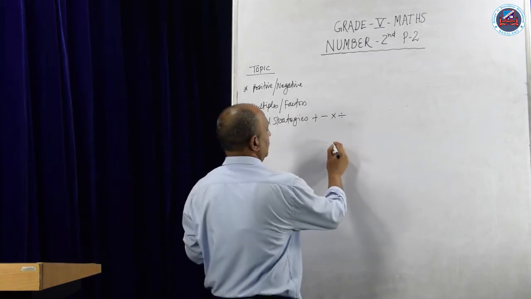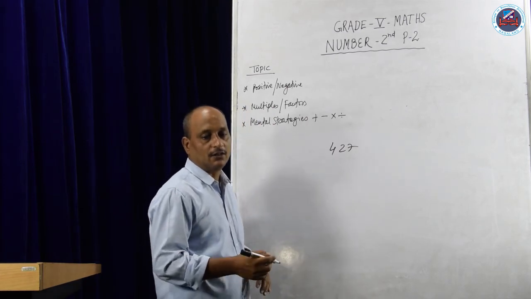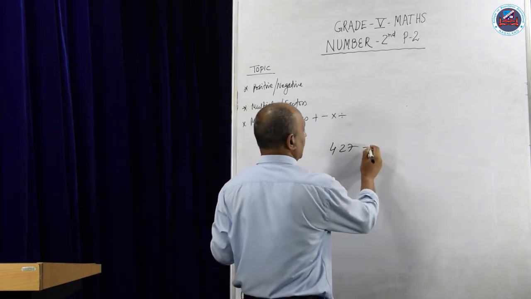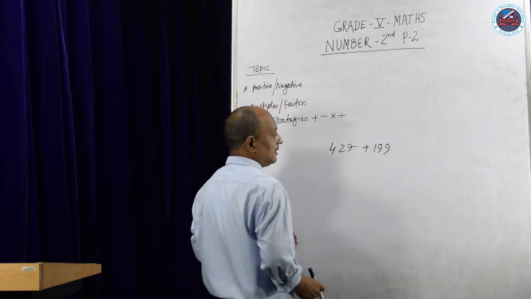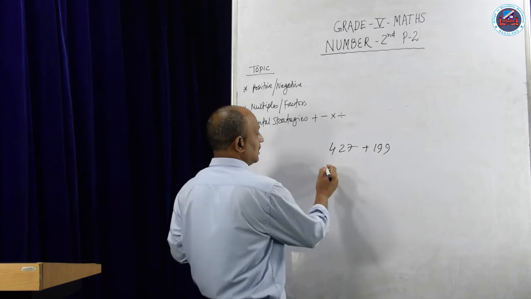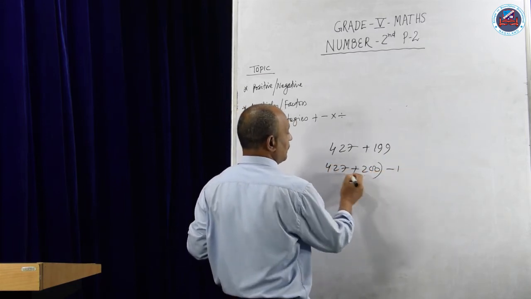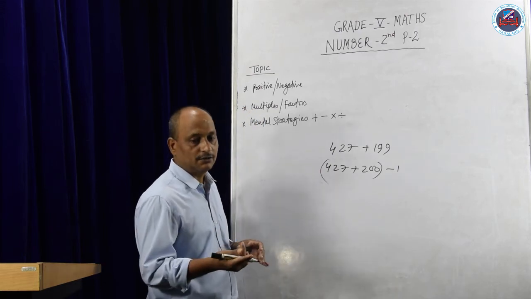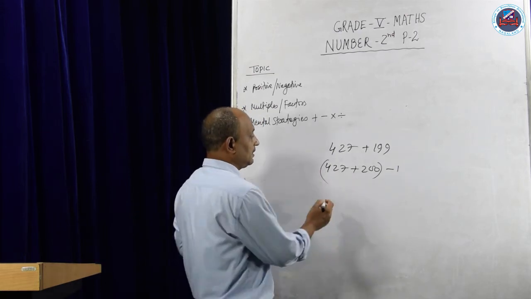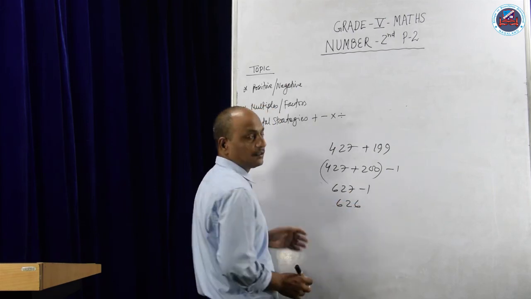Let us take one number, 427 plus 199. Here also the same way we can do as we have done, that is 427 plus 200 minus 1. Same way you can add 2 here, that is 627 minus 1, it becomes 626.